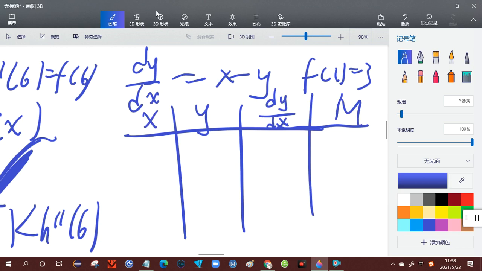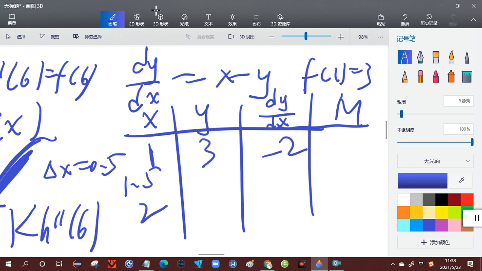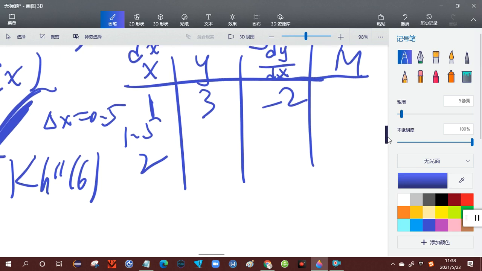We know that the initial condition is 1, and since it is two steps, delta x is equal to 0.5, and y is equal to 3. Then the slope m is equal to dy/dx, and the new y is m times delta x plus y.